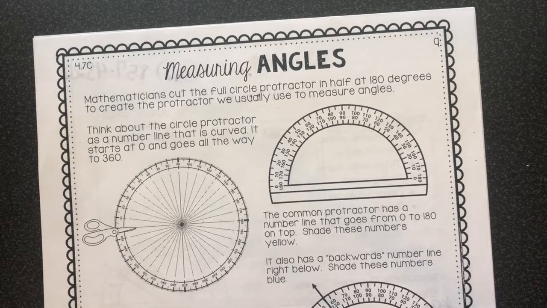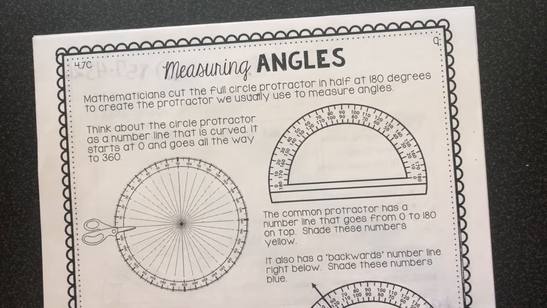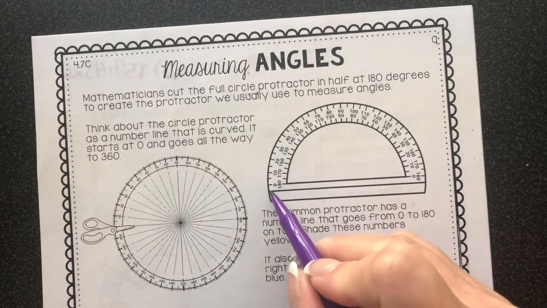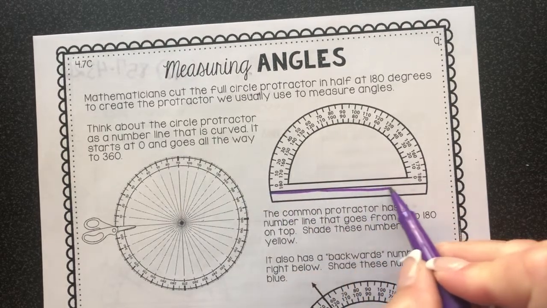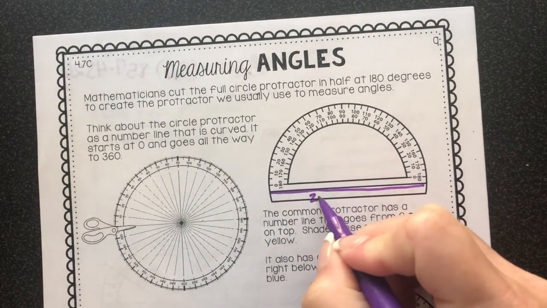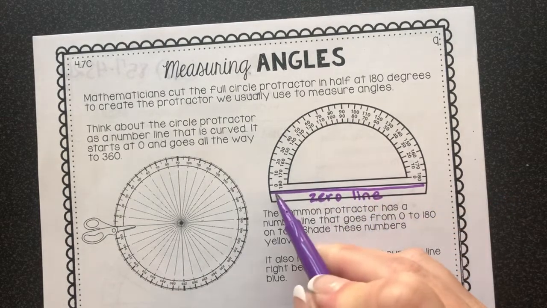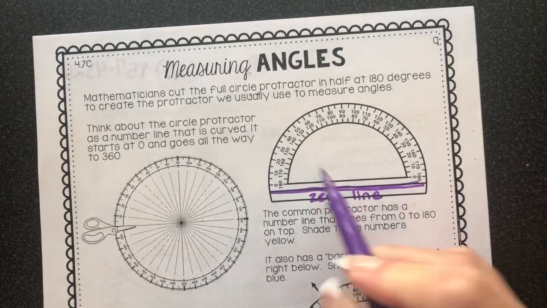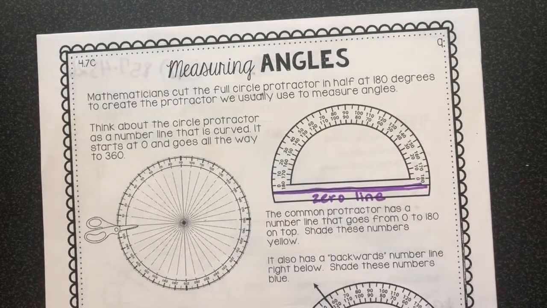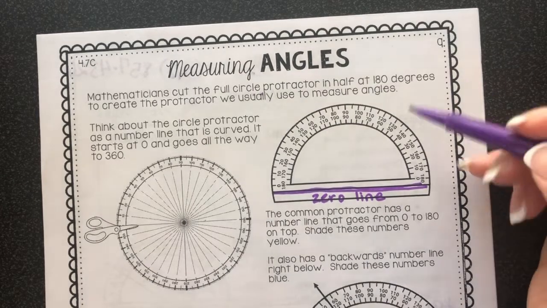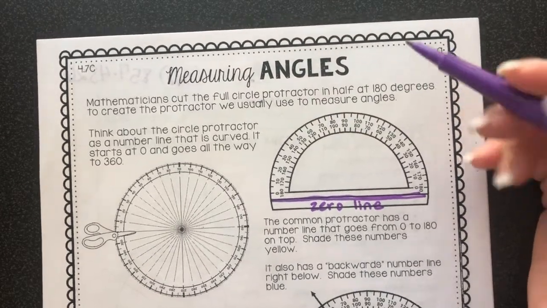I'm gonna label a couple of things for you on here. This line right here, we call this the 0 line, okay? That's the 0 line.